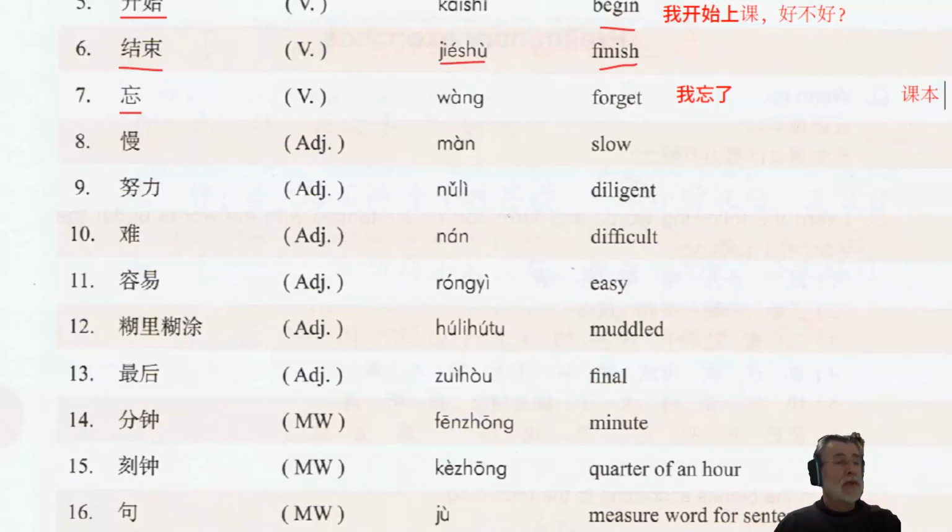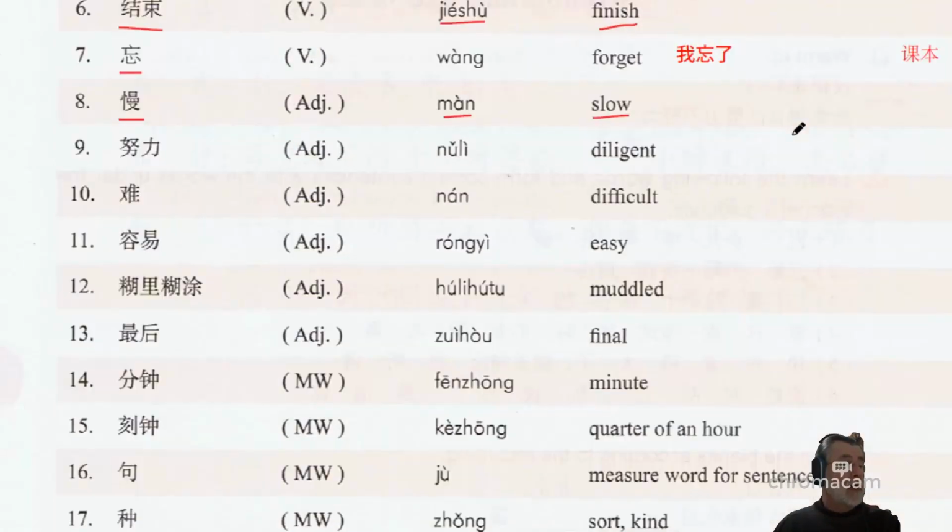All right, moving along. This is something that I do too much for these videos, I think. 慢, slow. It could actually be a very handy word for you, both in the study context and also in real life.